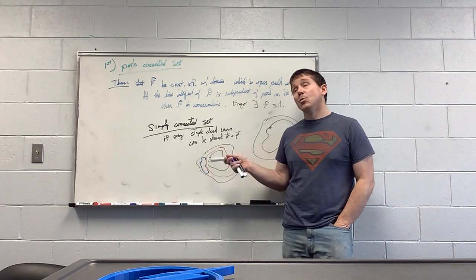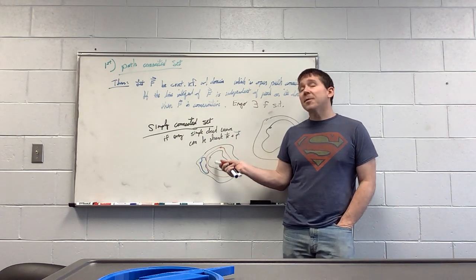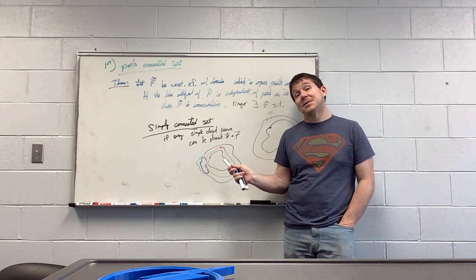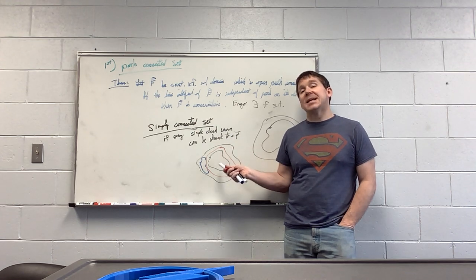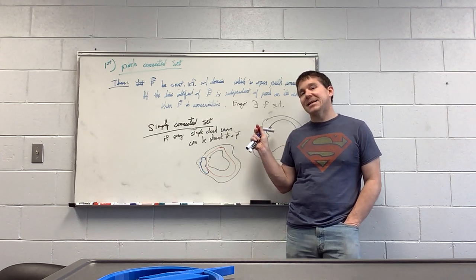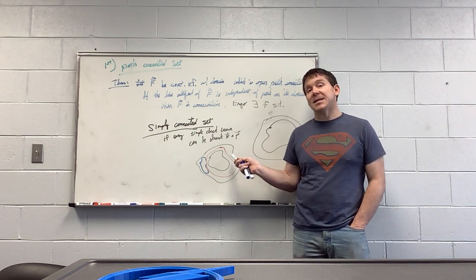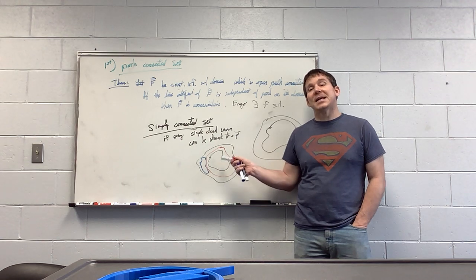So this set would not be simply connected. And I would point out, both of these are path connected. I can certainly connect points with paths. This one is path connected and simply connected. This is path connected but not simply connected, because when I shrink it down, there's always a hole in the center there.